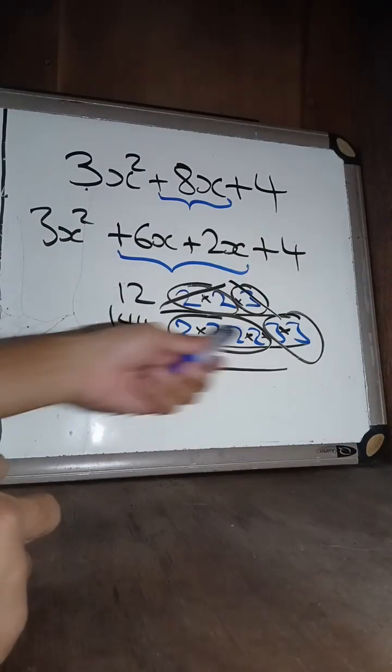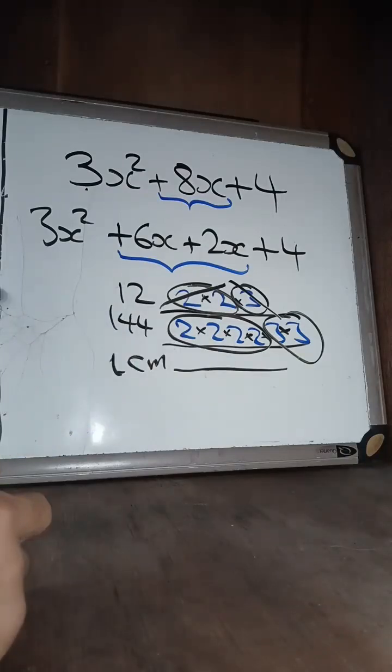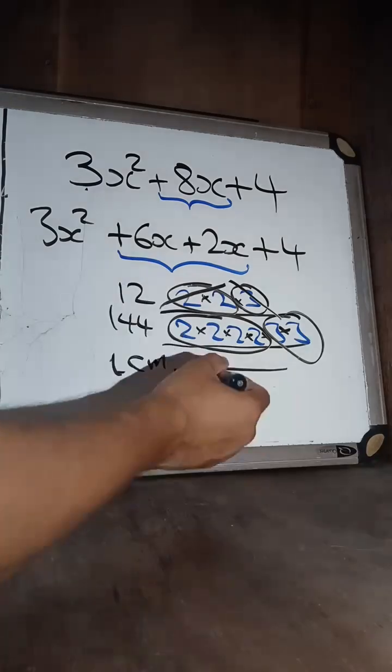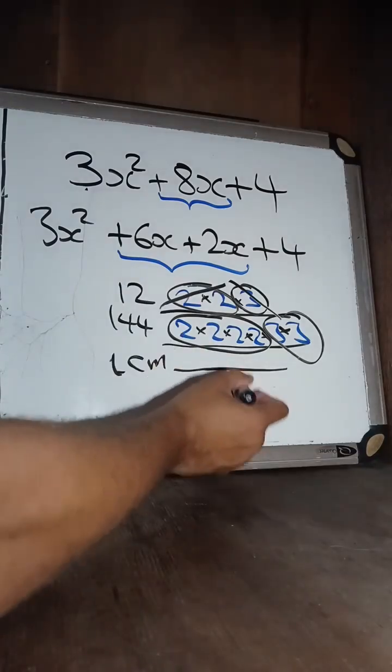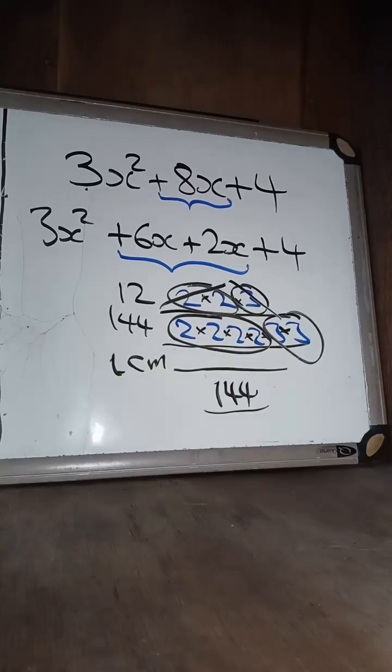And since all of this is the same as 144, your LCM is in fact 144. So your LCM of 12 and 144 is 144. But that's because this entire thing is divisible by 12 exactly. Perfectly divisible by that.